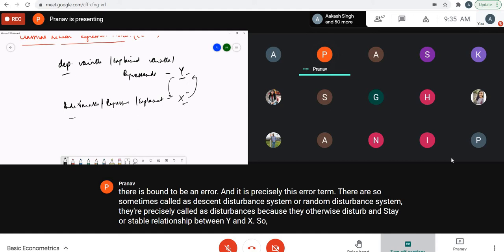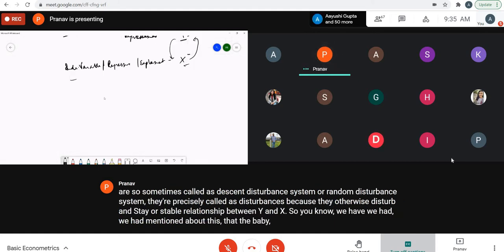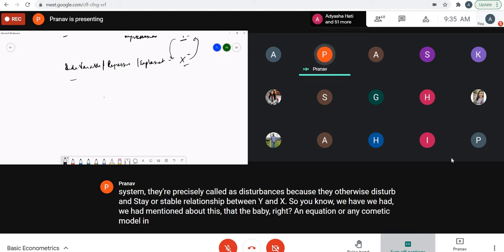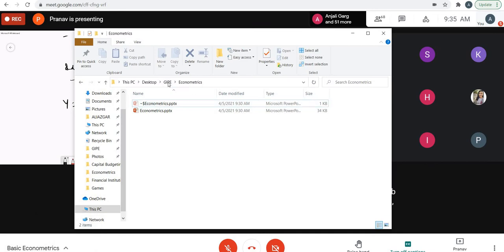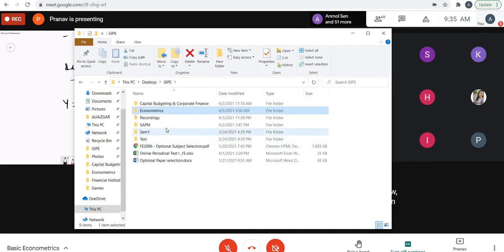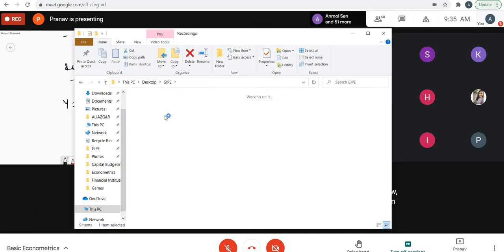So, we had mentioned that the way we write an equation or an econometric model in linear notation is that we write that y is some function of x1 to xk if there are k number of explanatory variables, plus a random stochastic term denoted by u.